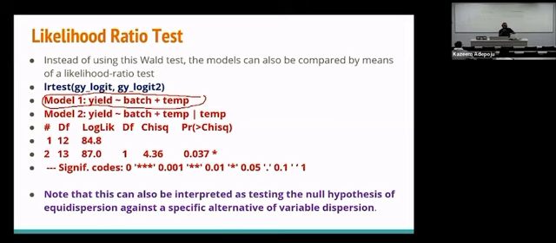So here we are rejecting model one, believing that initially there was nothing like equal dispersion. We needed a temperature to adjust for the problem of heteroscedasticity.